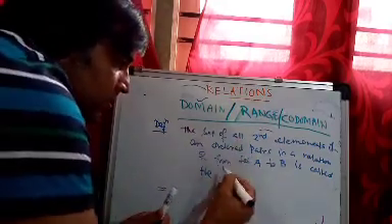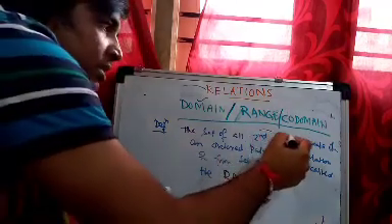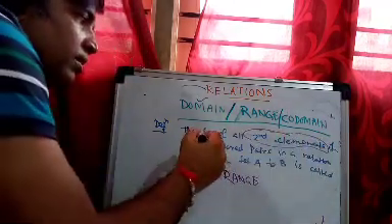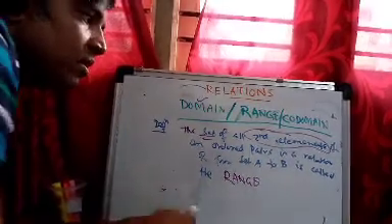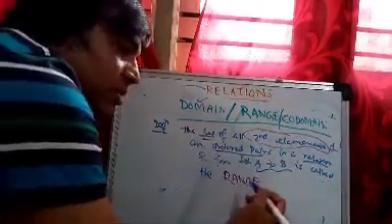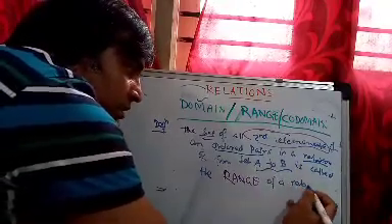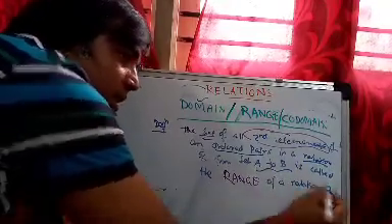Important, is called the range. So the set of all second elements of an ordered pair in a relation from A to B is called the range of a relation R.